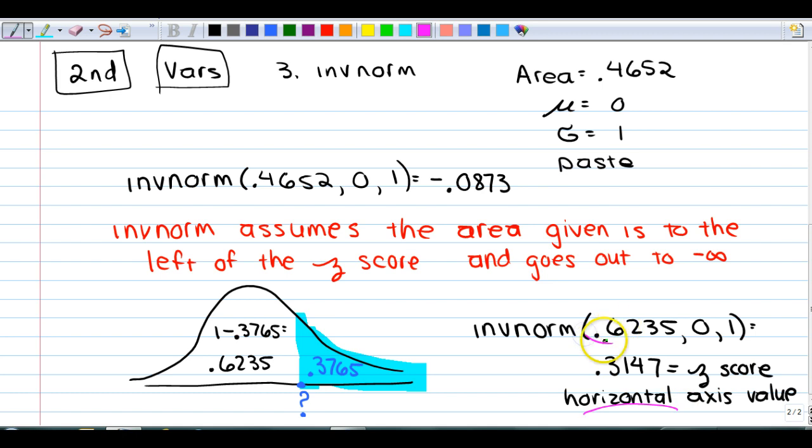That guy is an area. Area under the curve, very different. As different as area and perimeter geometrically, very different. Don't confuse the two.